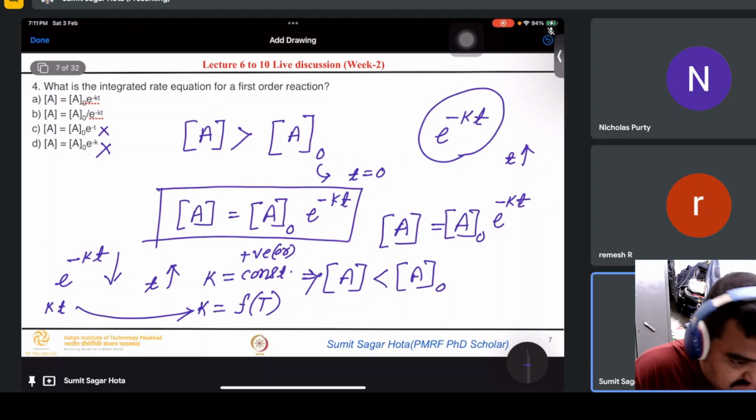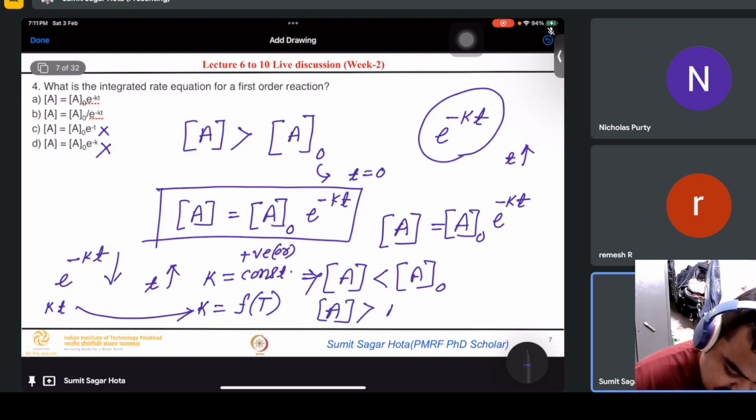For example, for some endothermic reaction, it does not necessarily mean it can be this. So for your understanding, I am not considering this minus kt term and am just explaining in a simple way.